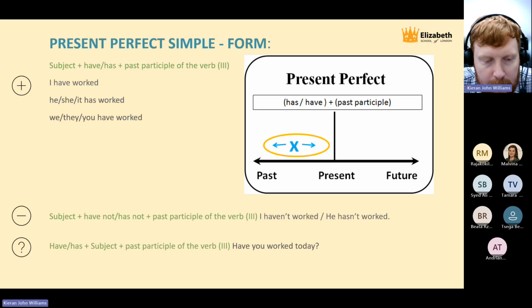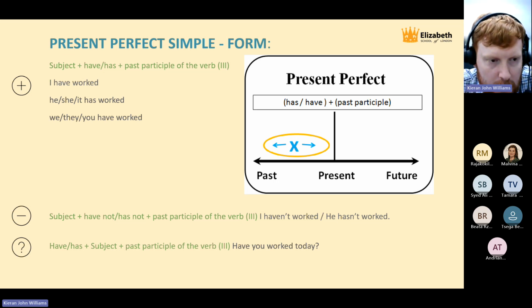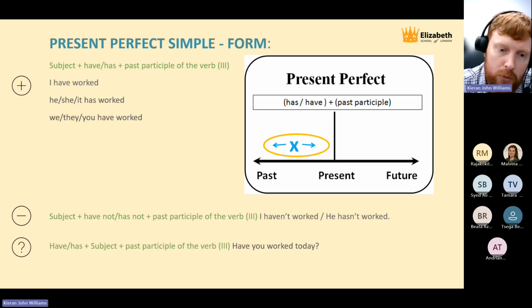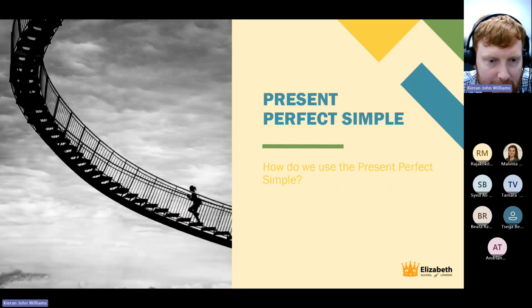And in the question form, again, you just change the word order. So you have worked, you change it to have you worked. Okay, so you've got your example there of how to make it, but let's think about how we use it.